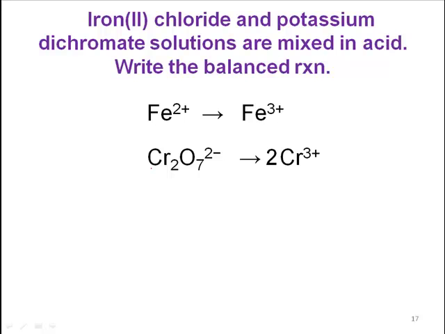What's step 3? Balance the O's by adding water. And then you balance the H's by doing what? Adding H pluses. Then step 5, balance the electrons. Make sure they're equal, of course.